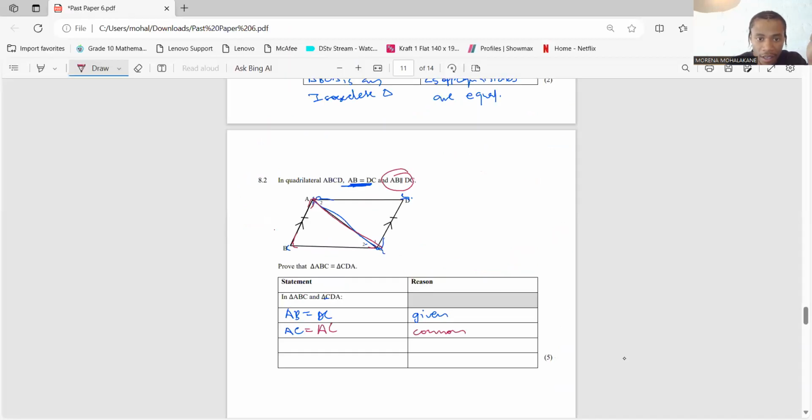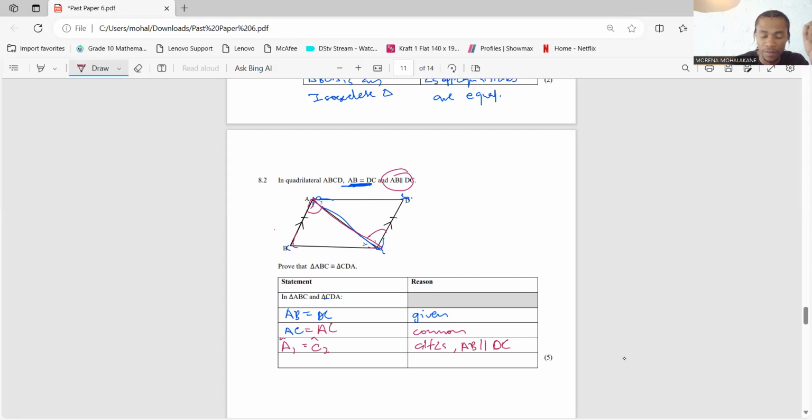Continuing to this step, look at this angle and this one, this is a shape. Angle A1 is equal to angle C2. What's the reason? Alternate angles. We know that AB is parallel to CD.